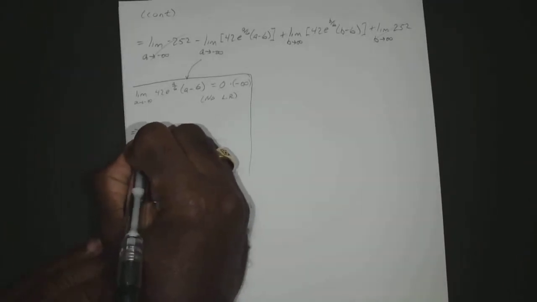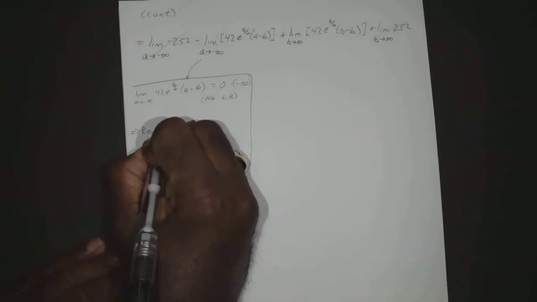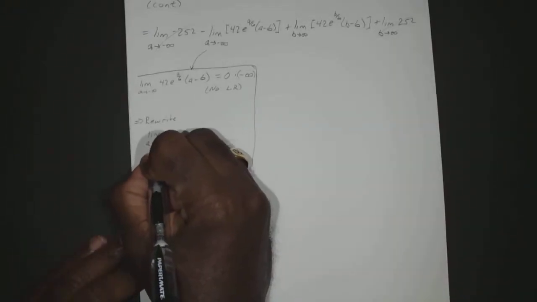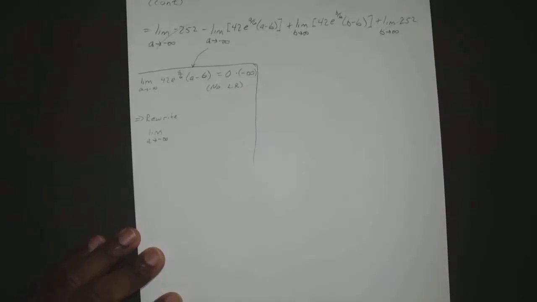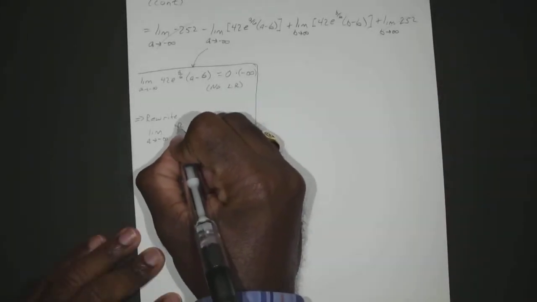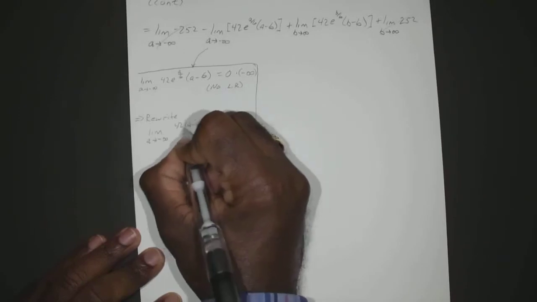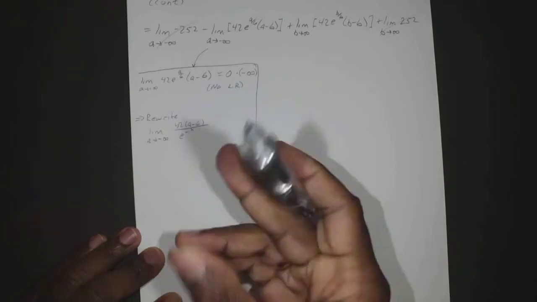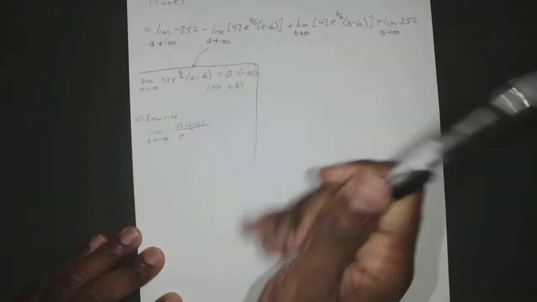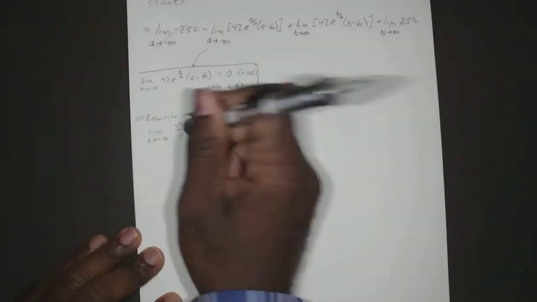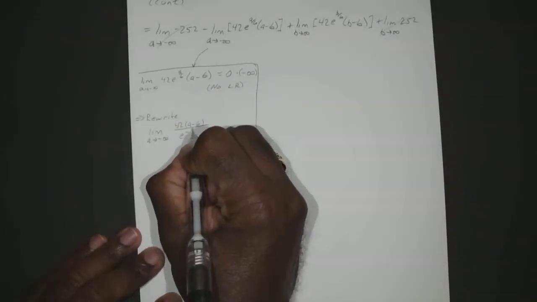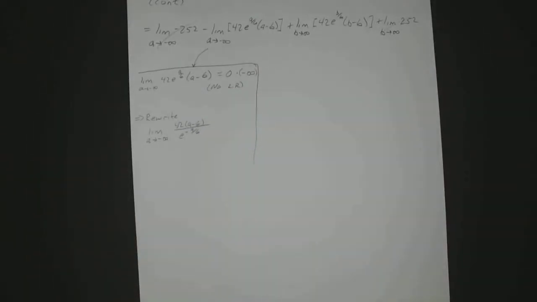Okay, but if we rewrite it, let's say as the limit as a approaches negative infinity of 42 times a minus 6 over e to the negative a over 6. E to the a over 6, you just bring that down, it becomes e to the negative a over 6.